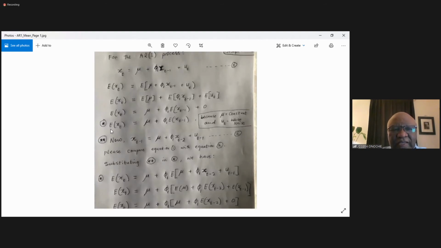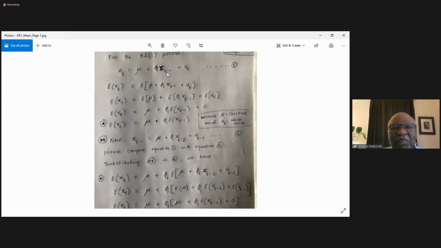So everybody looking at this, right? You see, this is one star, right? Now, see what I'm going to do. This is xt minus 1. Now look here. The AR1 process says x sub t, today's return, is equal to some average plus phi1 times yesterday's return.